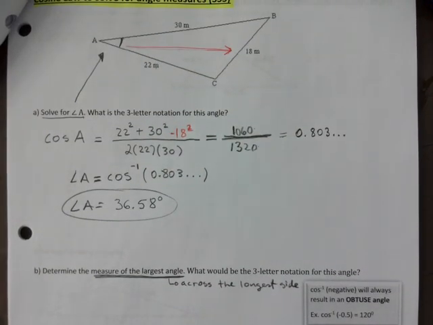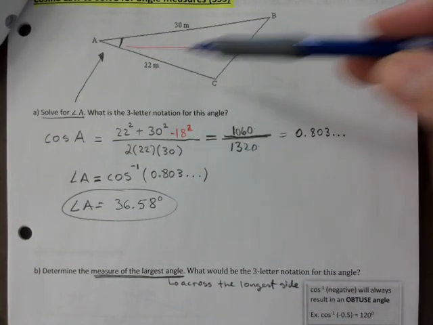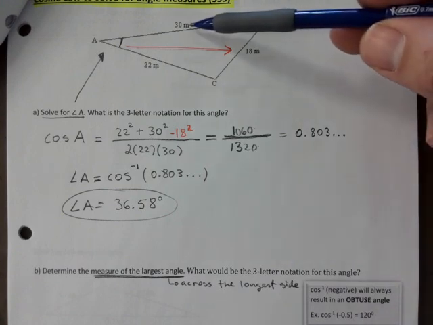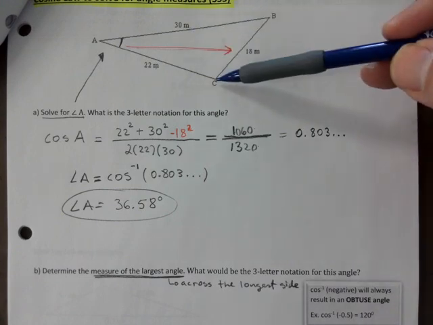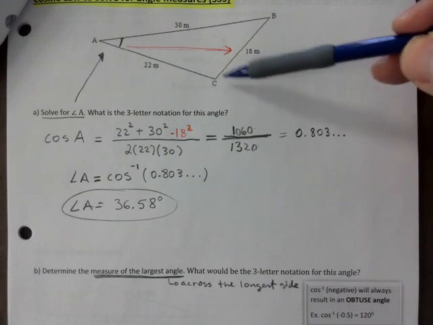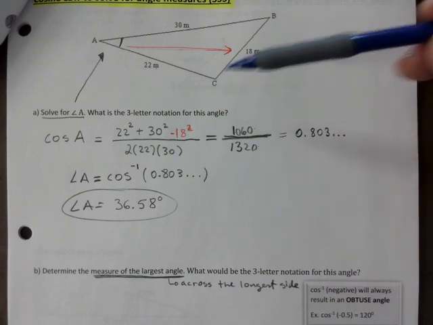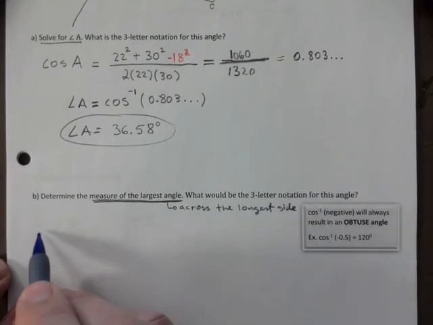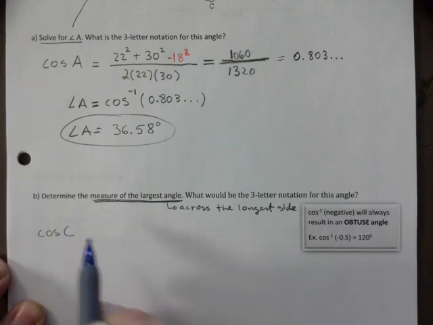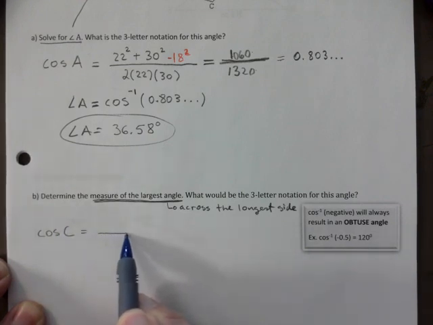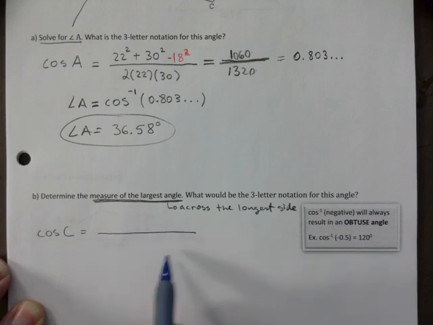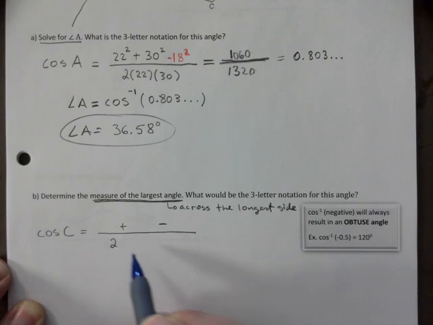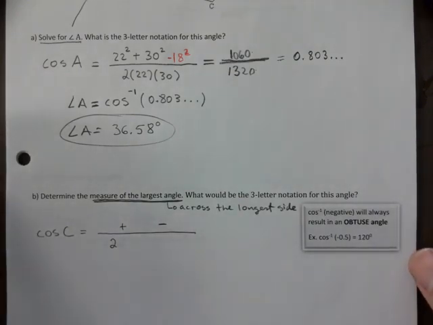Don't look at the lines themselves, look at the values. 30 is the longest side, so angle C is what we want. We want this one. I'm going to let you do this one, at least set it up, right? So I'm going to ask you to go cosine of C equals, make a long line, and just fill in the numbers. It should be plus, then minus, and at the bottom it should be 2 times something times something. See if you can figure that out. Just to warm up.